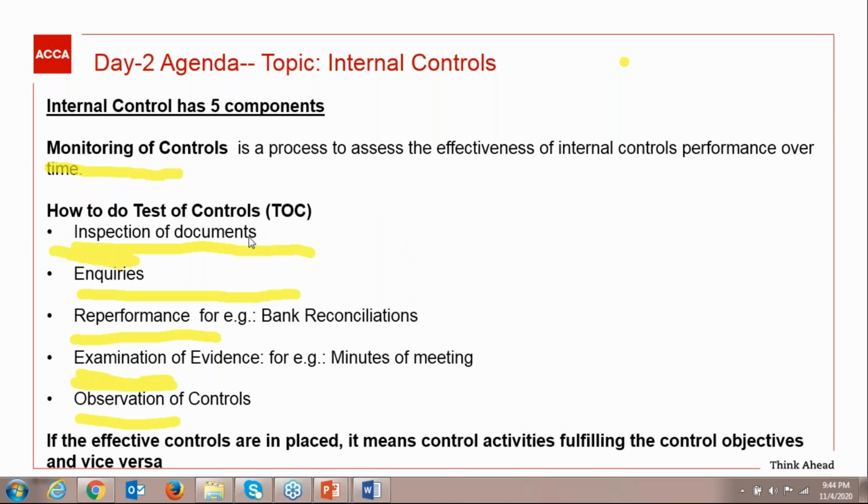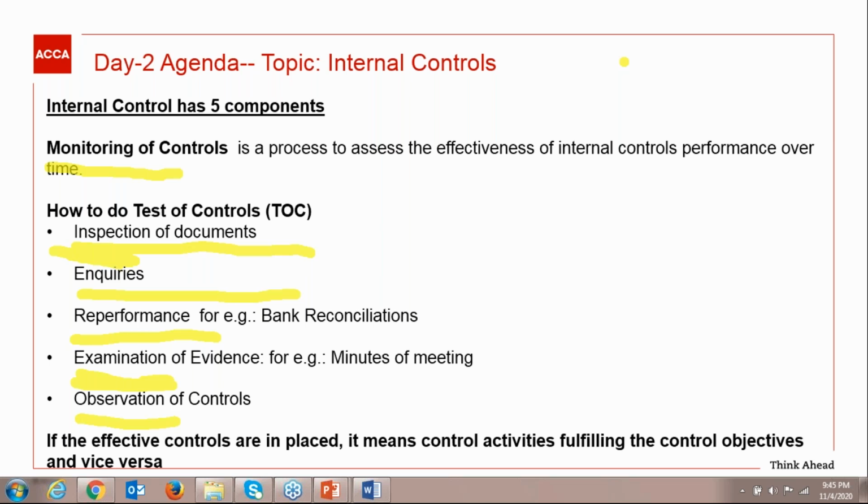If the management said that we have done segregation of duties and every transaction is approved by the finance director, which we discussed in the last slide, this is the internal control which the management has put in place.